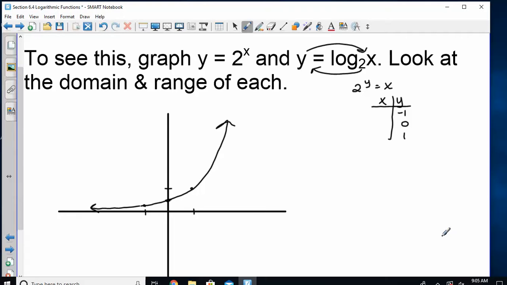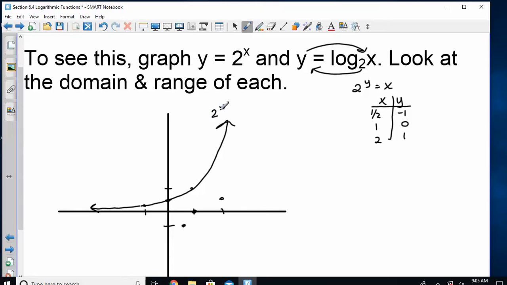They're going to go in for y this time because y is our exponent. So 2 to the -1 is 1/2. 2 to the 0 is 1, and 2 to the first is 2. So my points are 1/2, -1; 1, 0; and 2, 1.